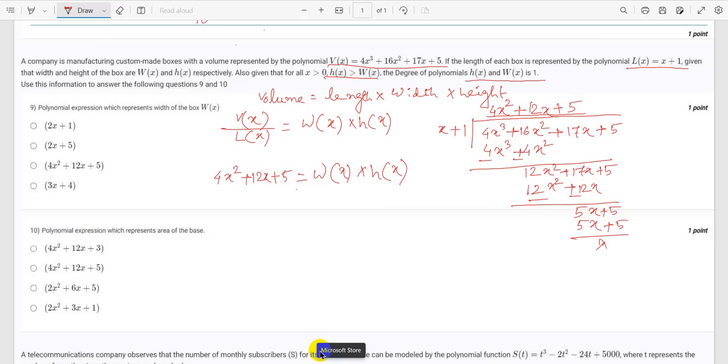So we have to factorize this polynomial function. Then we will get 4x square plus 2x plus 10x plus 5, so it is 2x plus 1 and the other term is 2x plus 5.